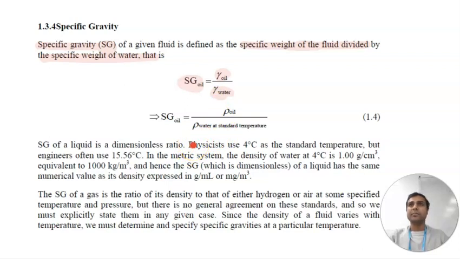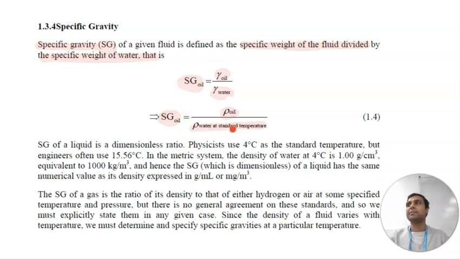Because in the weight there is a g, which is 9.81, we can get rid of the g and have the formula: specific gravity of the oil is the density of the oil divided by the density of the water at standard STP, standard temperature and pressure.